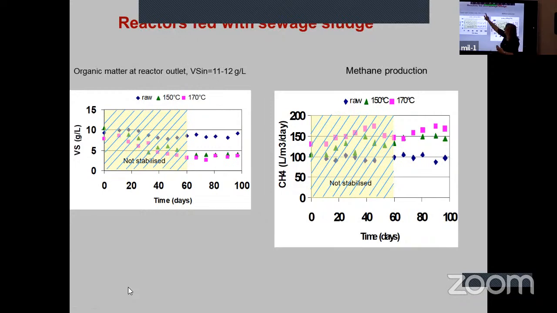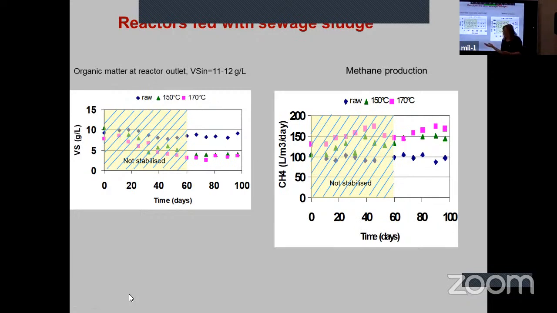The reactor was fed with sludge at a concentration ranging from 1 to 12 grams per liter, and in the graph you can see the outlet of the reactor, in the case of raw sludge in blue and sludge pretreated by thermal hydrolysis at 150 or 170 degrees in green and pink. And usually the hydraulic retention time was 20 days.